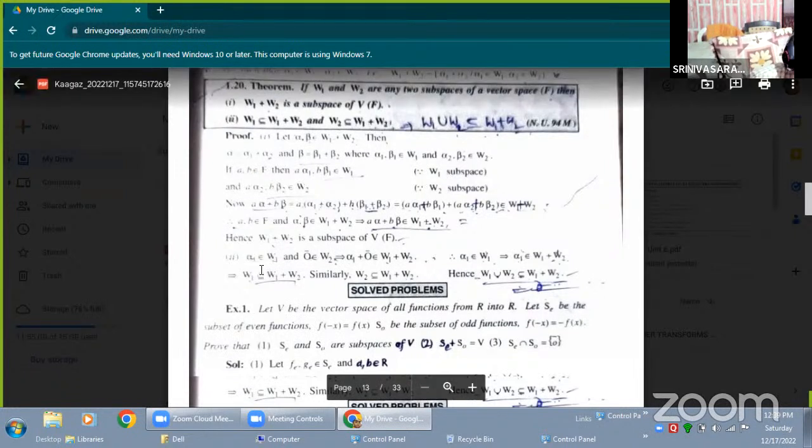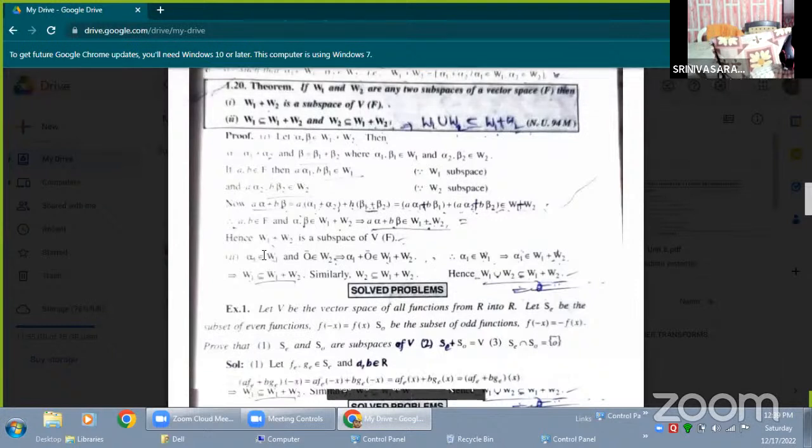Here, alpha 1 belongs to W1, the first vector, and the zero vector belongs to W2. Now write the linear sum element alpha 1 plus zero vector. Comparing it with W1 plus W2, because the W2 element is the zero vector, alpha 1 belongs to W1 plus W2.